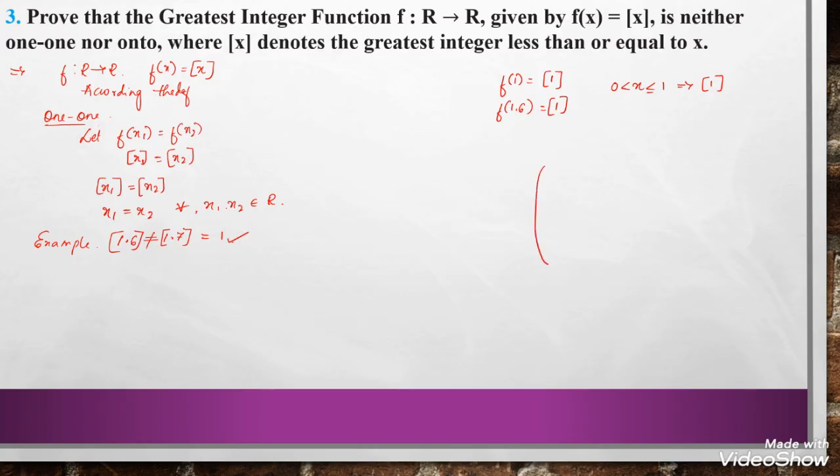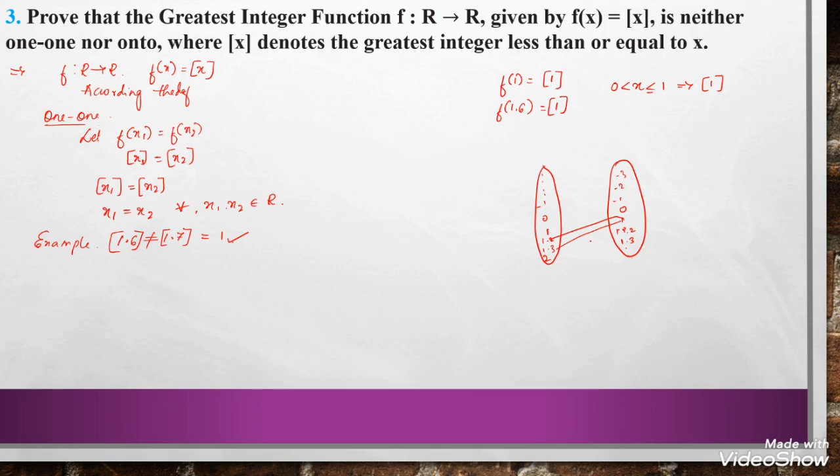So, taking the ray diagram here, between 1 and 2 I have taken 1.2, 1.3, and the real numbers 0, minus 1, and so on. Similarly for 0, 1, minus 1.2, 1.3, up to so on, and minus 1, minus 2, minus 3. The greatest integer of 1.2 is 1, and 1.8 is also related with 1.